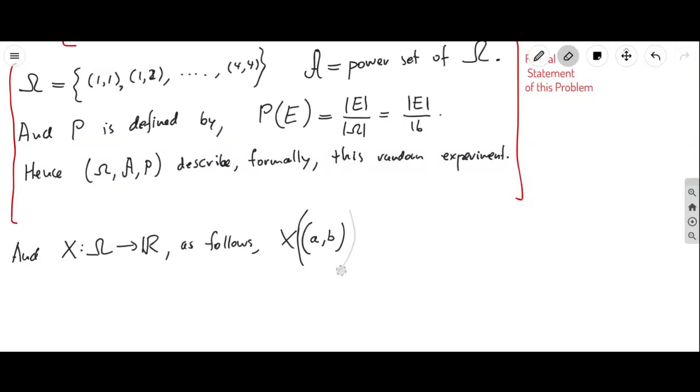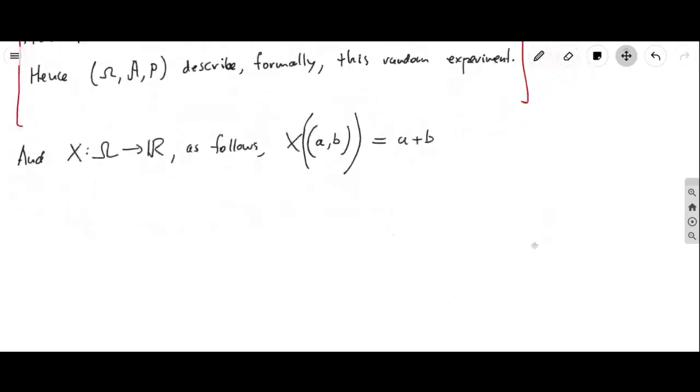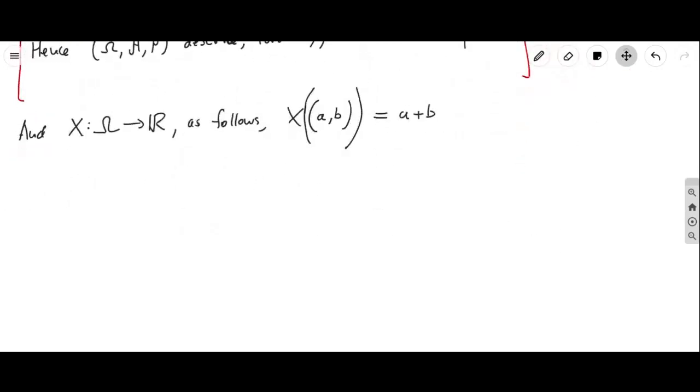Sometimes we get sloppy and use one set of brackets, but more carefully, X is evaluated at this pair coming from the sample space, and it's equal to their sum. So as you can see, X is generating random real numbers. Every time you toss a pair of dice, you recalculate the value of X, and each time you get something different. Okay, so this is what we have.